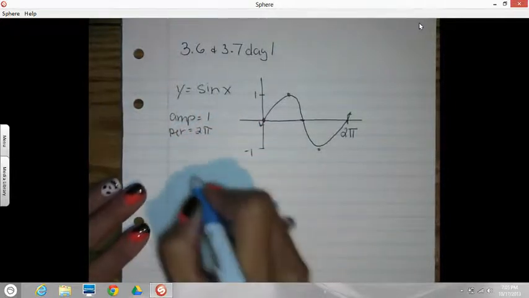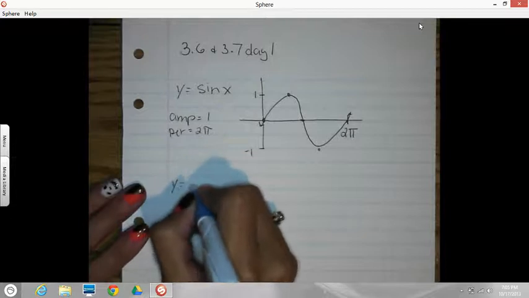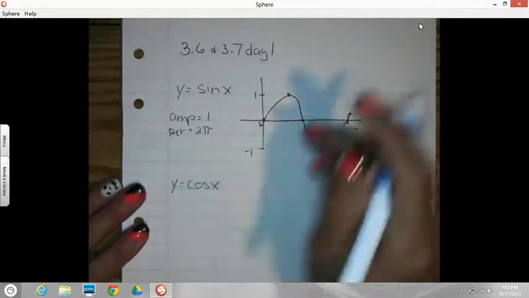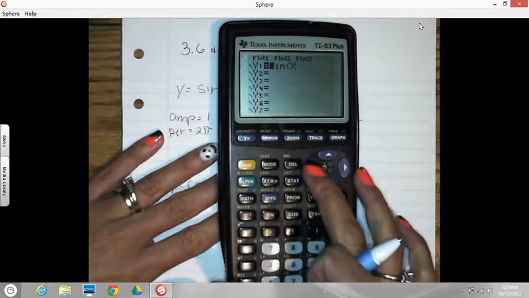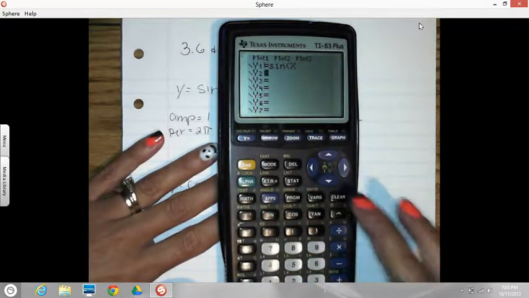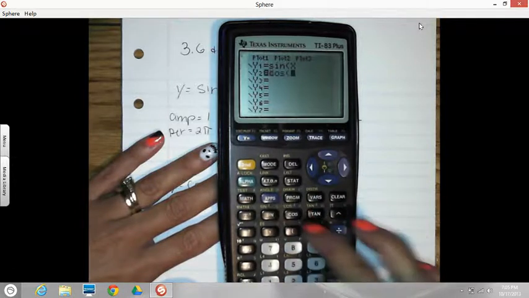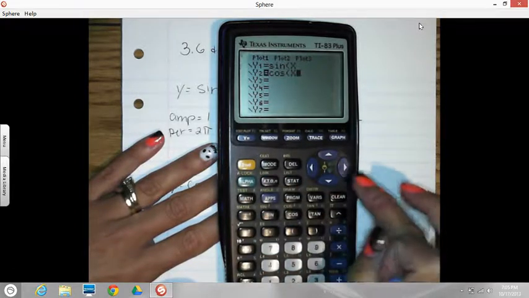Let's look at cosine. I'll turn that one off just by hitting enter there. Cosine x, so all we'll see is cosine, one cycle of it.